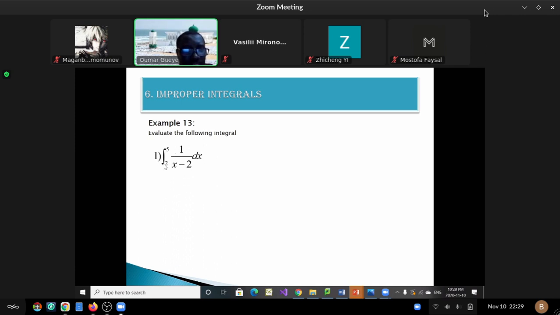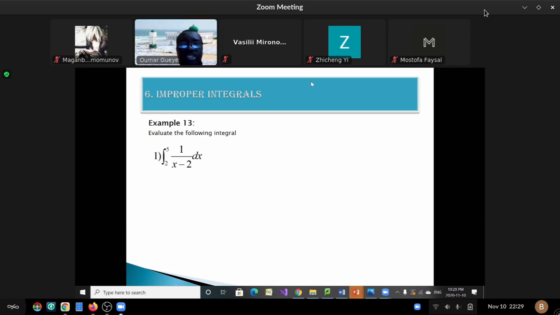When you substitute x by 2, your function becomes 1 over 0, undefined. And if the function is undefined at 2, for sure it's going to be discontinuous at 2. That's why we have an improper integral.